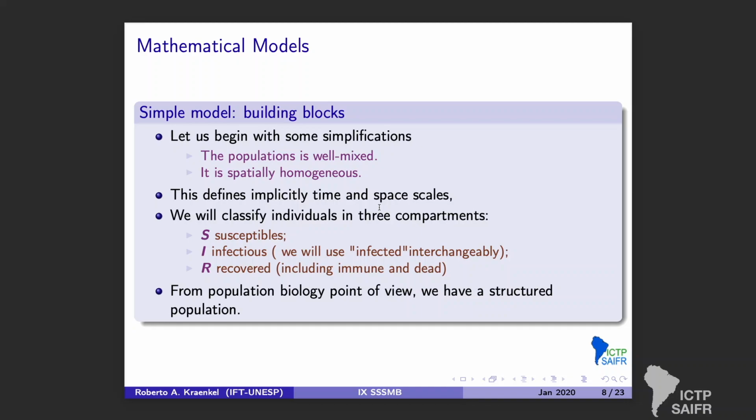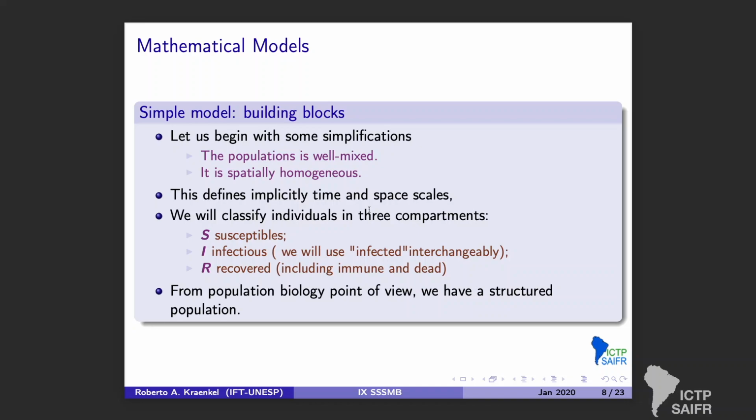So we will classify all individuals in three compartments. The susceptibles, which are people that can get the disease. The people that are infected or infectious, which is used interchangeably, but care should be taken. What is important is that the person is infectious, that it can transmit, from the point of view of a model. You can do better models with people that are incubating and so on, by introducing new classes.